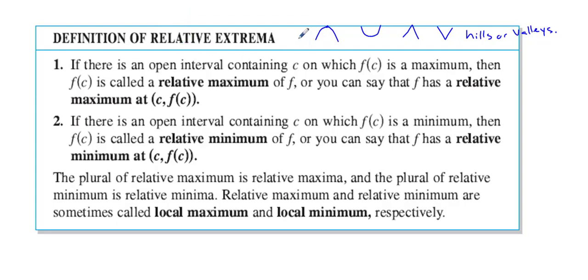They're just the hills or valleys, guys, and they're on the open interval, so we don't worry about the endpoints. On some open interval, not including the endpoints, a local max is the highest point, local min's lowest point. Okay, what interval? Well, they got to give it to us. Local, relative, same thing.